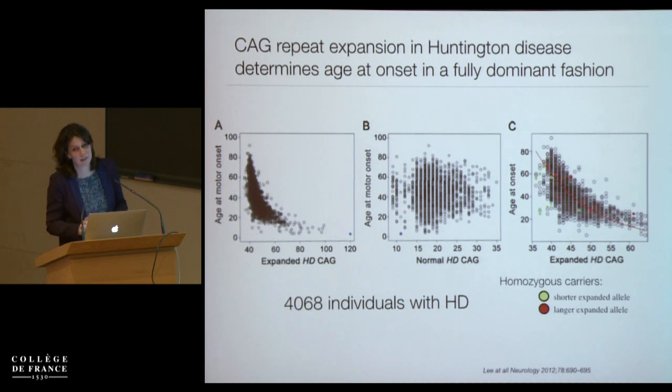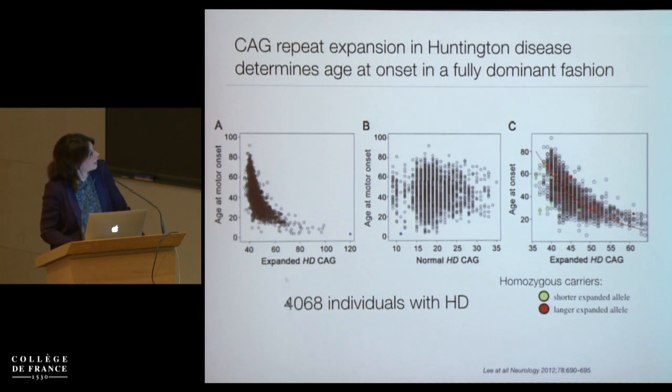We all know, and this was completely overstated for so long, there was one paper in 2012 that got things quite straight, because we took 4,000 individuals with HD from all the networking groups together to see what the influence is on age at onset. Is it only the expanded CAG repeat, or is it also the normal polymorphic repeat on your other allele that has influence?